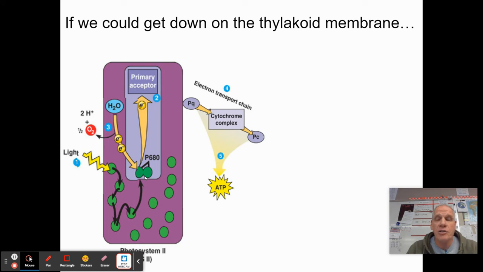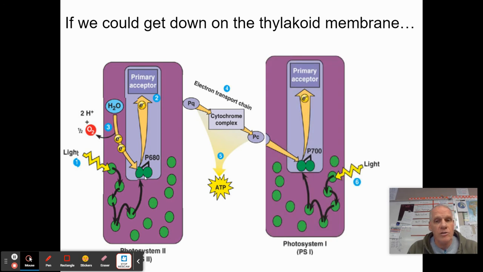And then those high energy electrons are going to move down the electron transport chain where the cytochrome complex is going to use the energy in those electrons to pump protons in order to create a concentration gradient and use that concentration gradient of protons to eventually make ATP through ATP synthase.